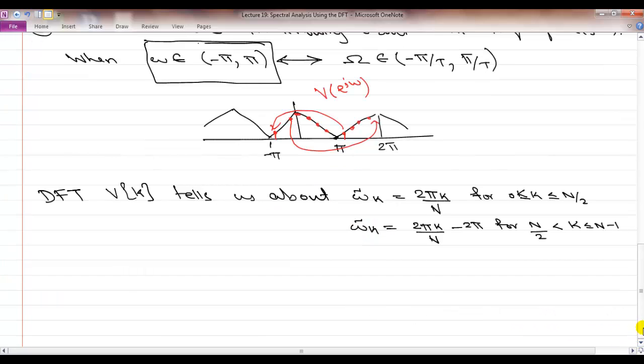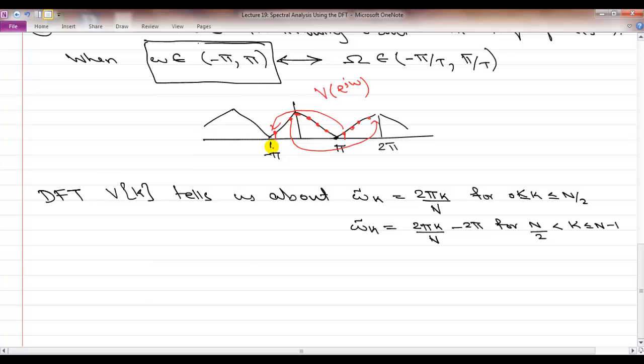So we can say that even though DFT coefficients are originally samples of V of e to the j omega from omega equal to 0 to omega equals 2 pi minus 2 pi over N, they also give us information about frequencies between minus pi and pi. The only thing is we have to make the right transformation.